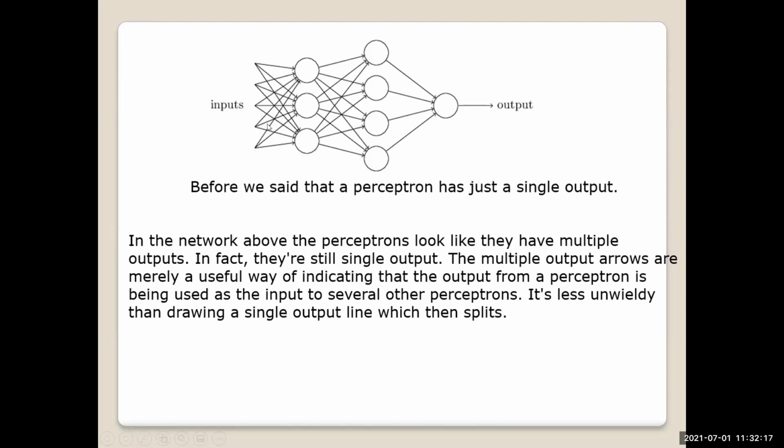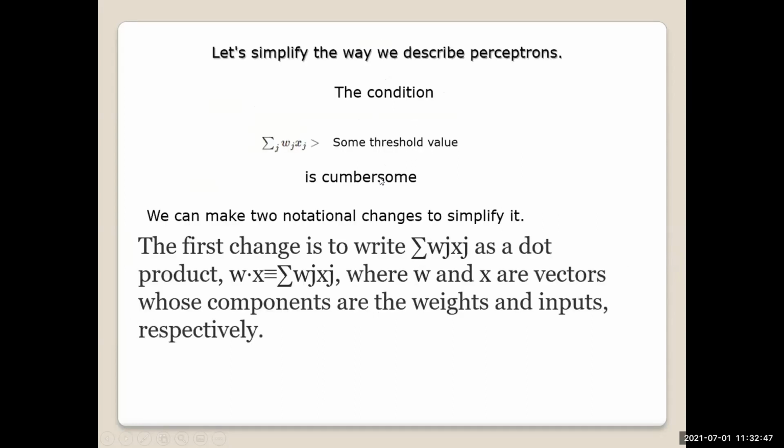So we take x1, x2, x3, x4, x5, multiply x1 times the weight here, x2 times the weight here, x3 times the weight here. And then we sum it up, and if it's greater than 3, or some threshold, we're going to put either 0 or 1, depending on whether it's greater or less than 3, or whatever the threshold is.